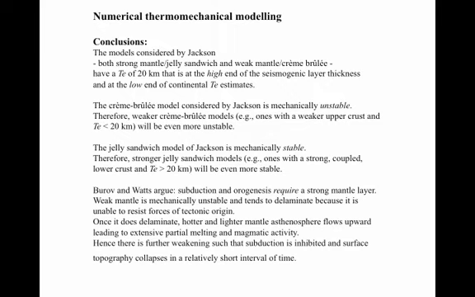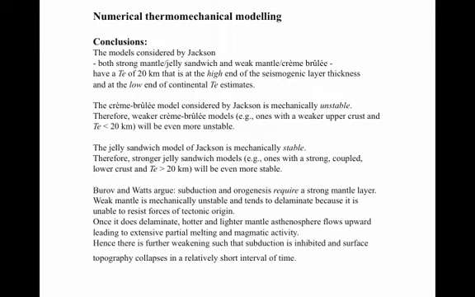Therefore, the weaker creme brulee models, for example, the ones with the weak upper crust and the elastic thickness less than 20 kilometers, will be even more unstable. The jelly sandwich model of Jackson is mechanically stable. Therefore, the stronger jelly sandwich models, the ones with a strong coupled lower crust and an elastic thickness greater than 20 kilometers, will be even more stable.